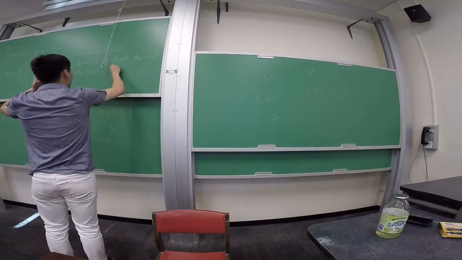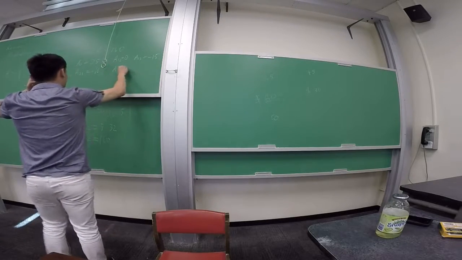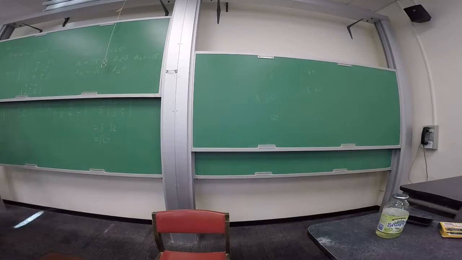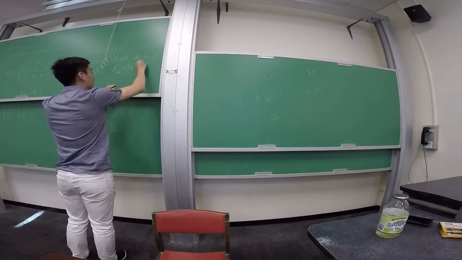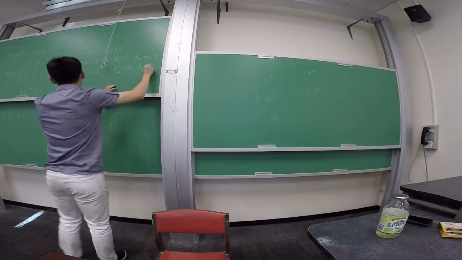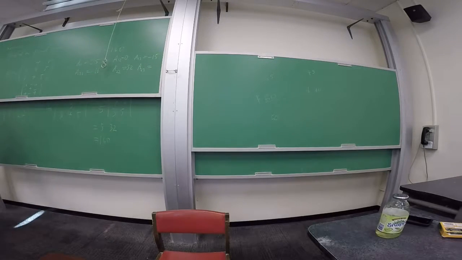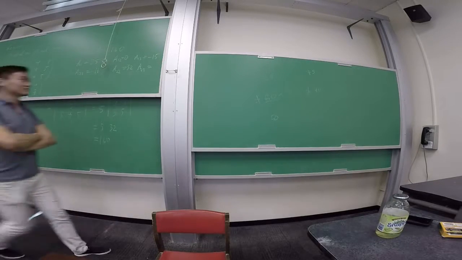Okay, so A22 is equal to 32. A23 is equal to negative 16.